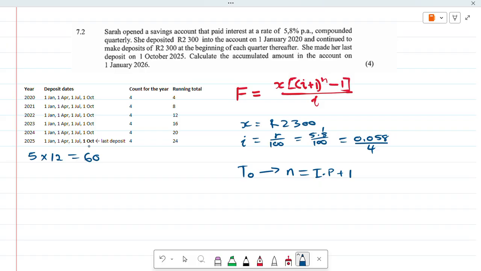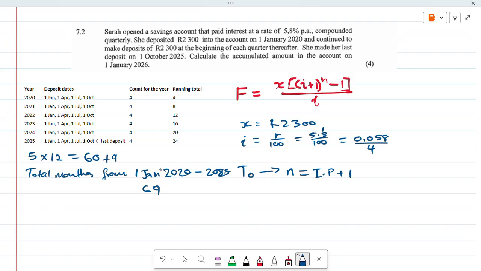So the remaining bit will be a total of 9 months. The total months from 1 Jan 2020 to 1 Jan 2025 would be equal to 69.